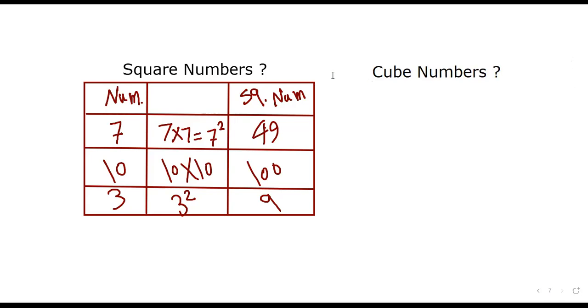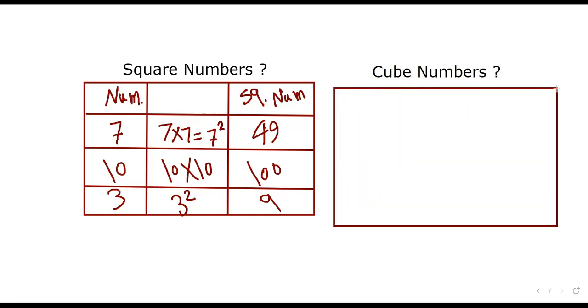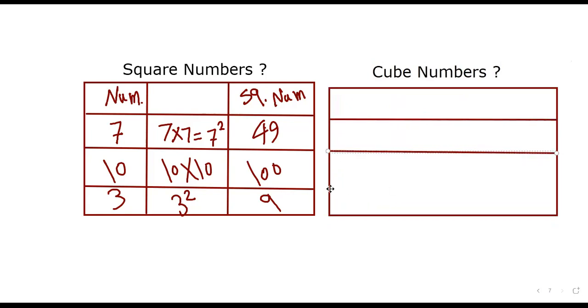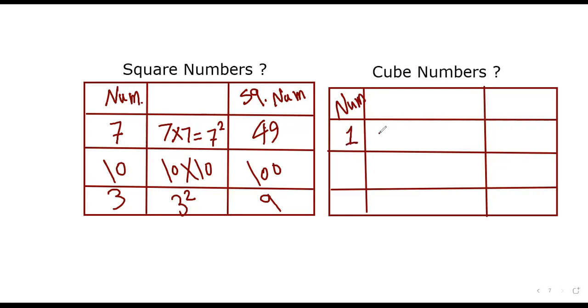Well, I can build a table like this. And here we go. If you have the number, maybe it is, for example, 1, you multiply it by itself 3 times, and the result is 1.